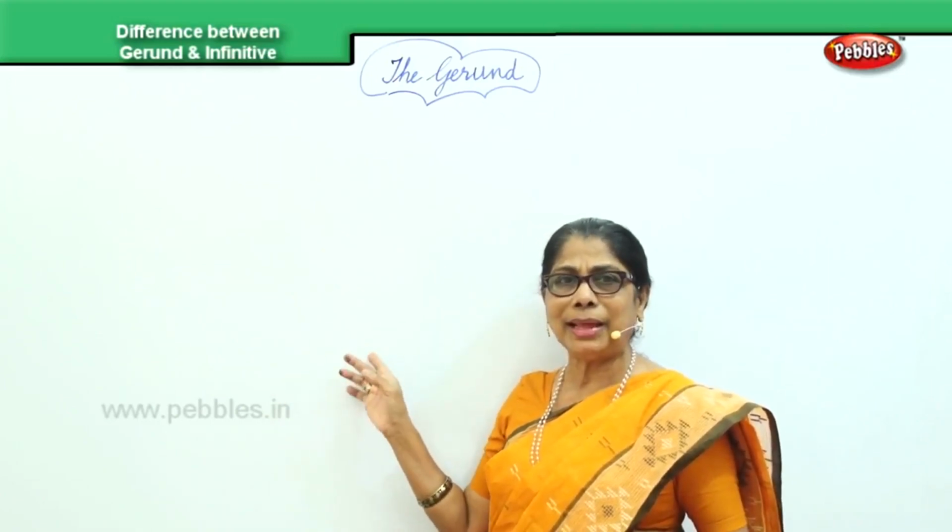In the case of an infinitive, it also does partly the work of a noun, partly the work of a verb, and the infinitive is formed by adding "to" to the verb. To play, to cry, to go. That's all we need to remember.